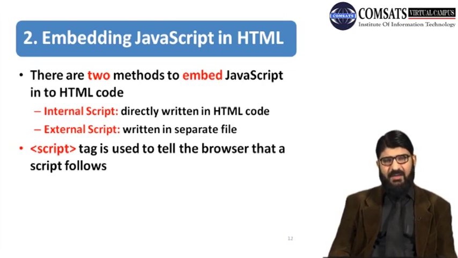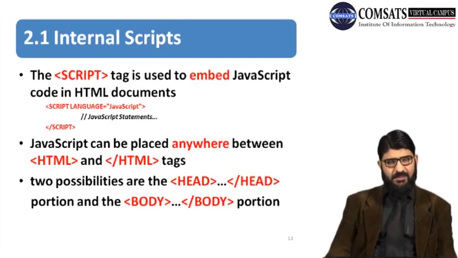So what is the method to declare JavaScript code? The script tag is used to tell the browser that now it will follow the script. So by using the script tag, we can embed JavaScript code in the HTML document. And how is it used?